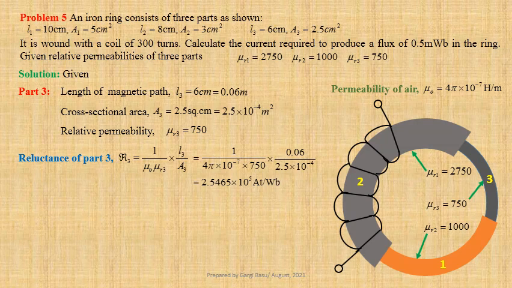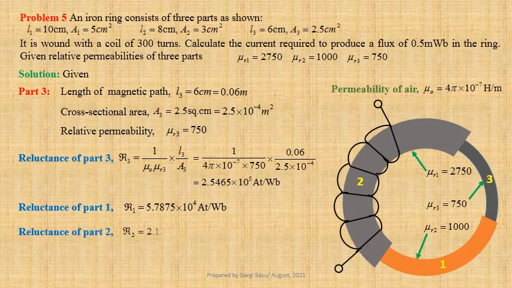We have already computed reluctance of part 1, R1 equals 5.7875 into 10 to the power 4 ampere turns per Weber, and reluctance of part 2, R2 equals 2.1221 into 10 to the power 5 ampere turns per Weber.